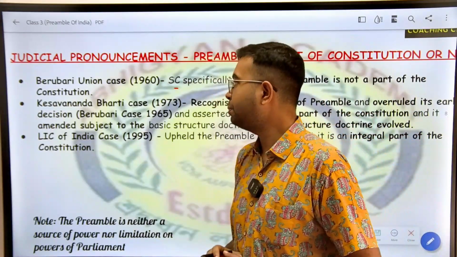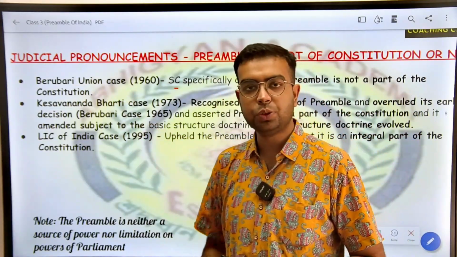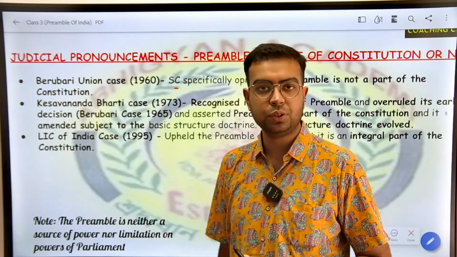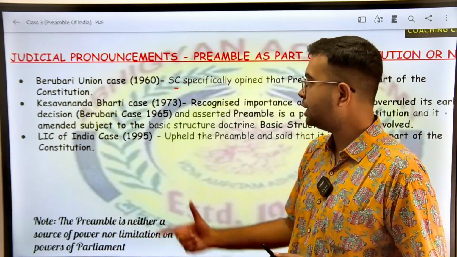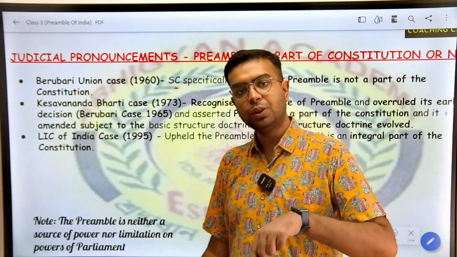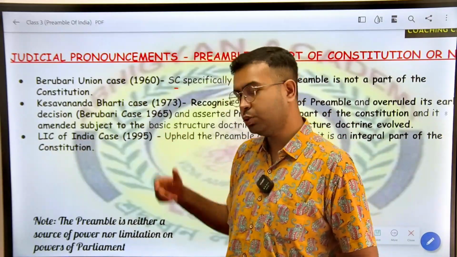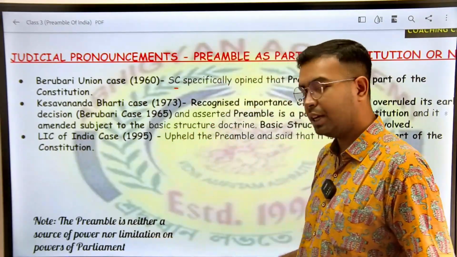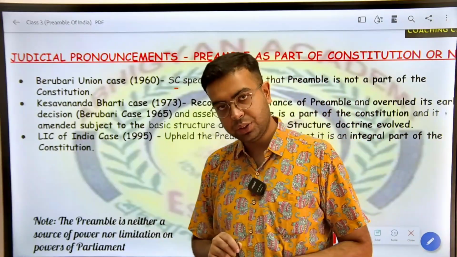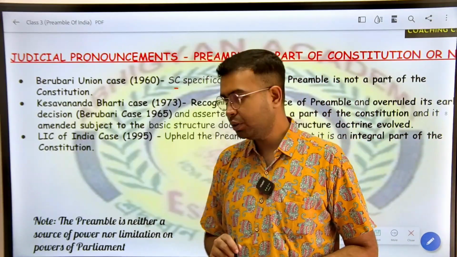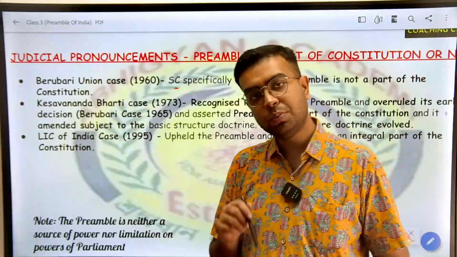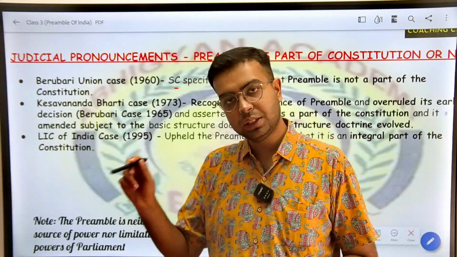The basic structure doctrine evolved from this. What basically happened is that in the Berubari Union case, the Supreme Court said the preamble is not a part of the Constitution. But later in the Kesavananda Bharati case, the Supreme Court took a complete U-turn. It overruled its own decision and said that yes, the preamble is a part of the Constitution, and it can also be amended or changed just like the rest of the Constitution.